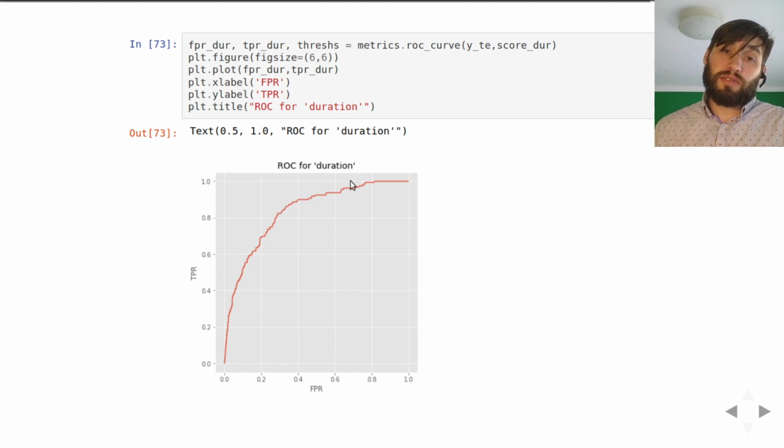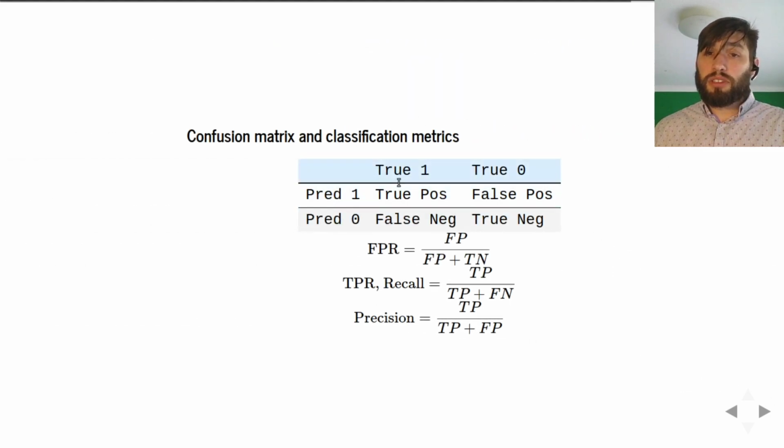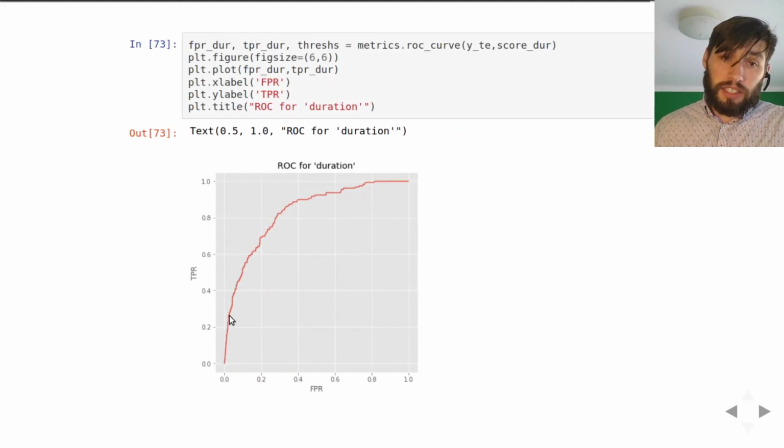And the way this curve was derived is we are just going to change the threshold that I said before. Each time we change the threshold, we get a different confusion matrix, and we can recalculate the false positive rate and true positive rate. And that's going to give us a point here. So we keep changing this threshold, and it keeps giving us a new point, and we get a curve like this.